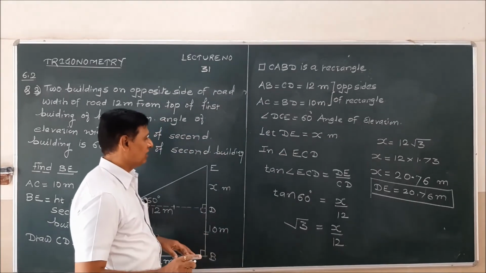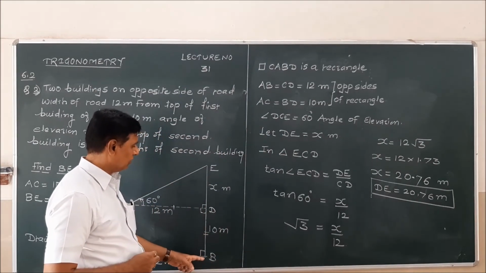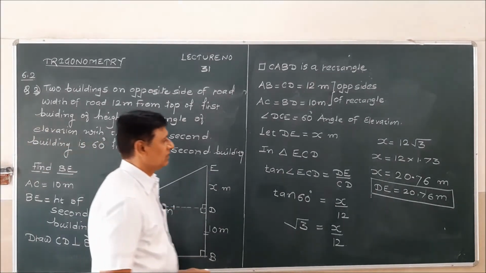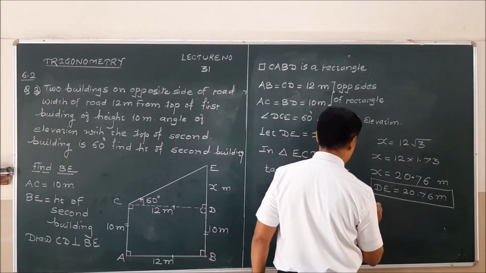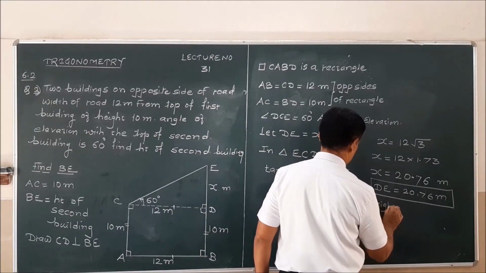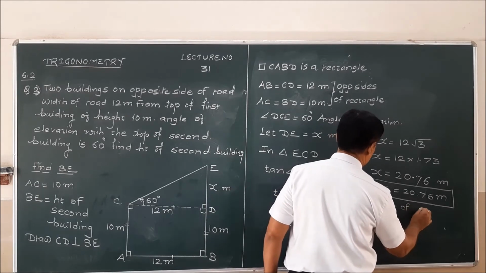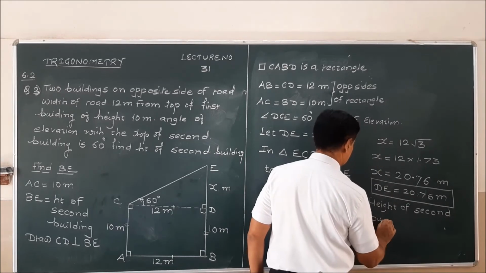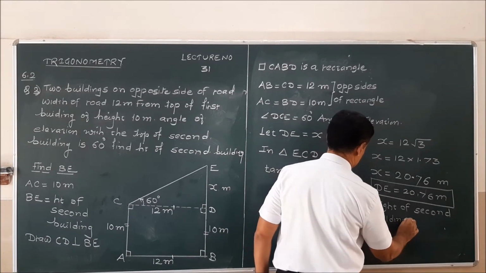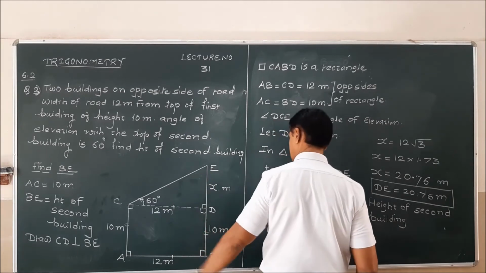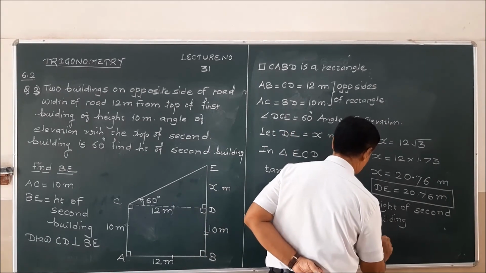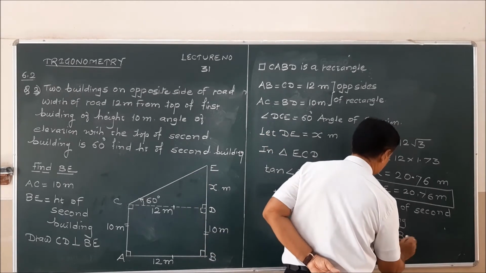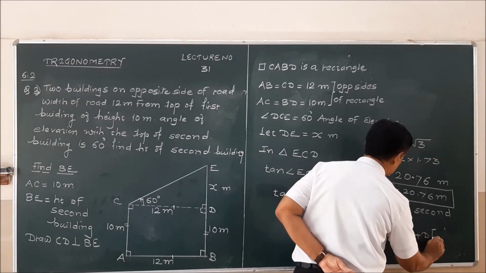Question is not to find out DE. We have to find out the height of the second building. Height of the second building is BE. Therefore, BE is equal to BD plus DE.